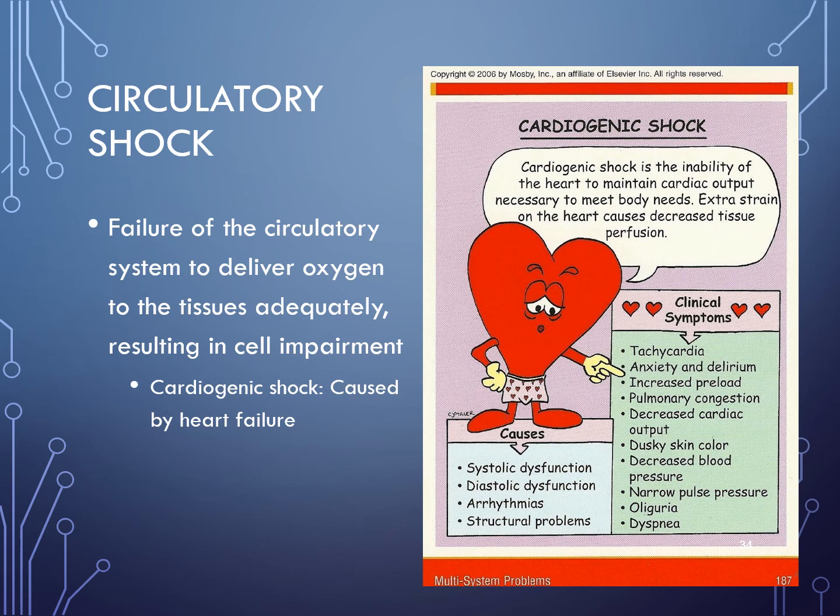So this could be a heart attack, different types of infections, or other heart conditions. Cardiogenic literally means produced by the heart. So in this case, the heart can no longer function properly and blood flow is significantly decreased or stops altogether.